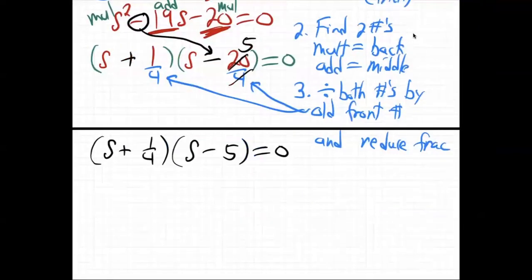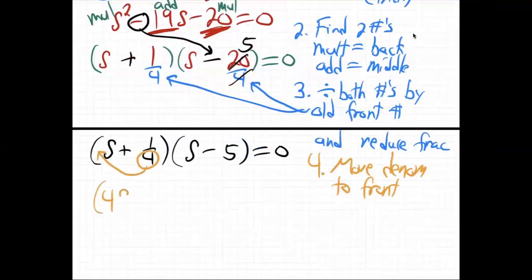Finally, step 4: move the denominator to the front. So grab this and put it right there. So you get 4S plus 1. The other one doesn't have a denominator, so just leave it as it is: S minus 5 equals 0.